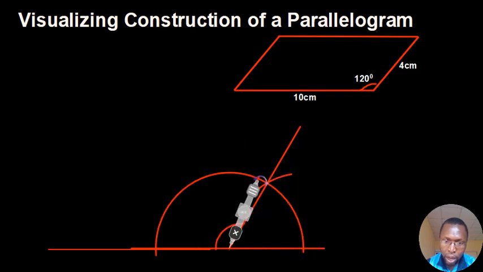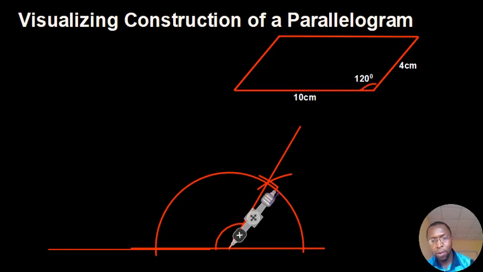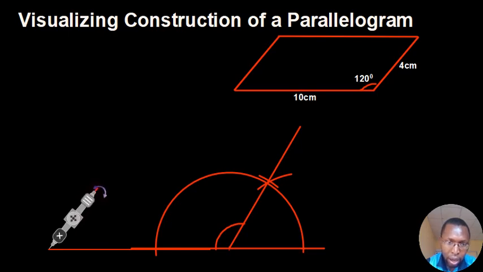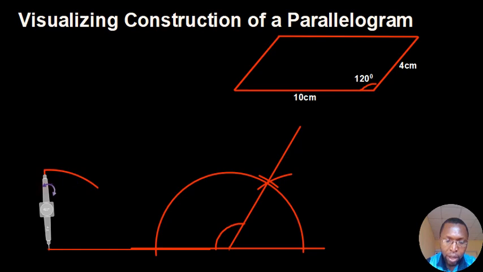So this is 4 centimeters now. So having done that, I'll still move my compass to the other extreme of the 10 centimeter length. Make another arc here. All right.